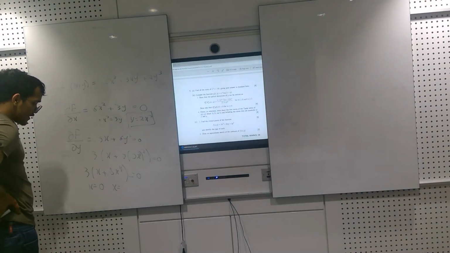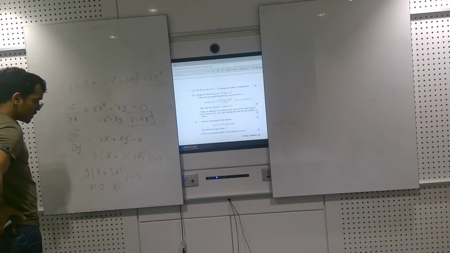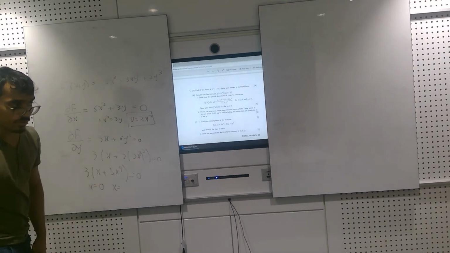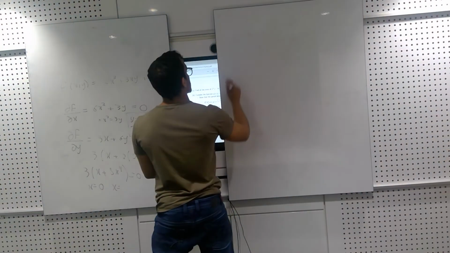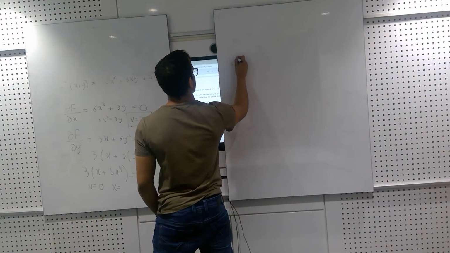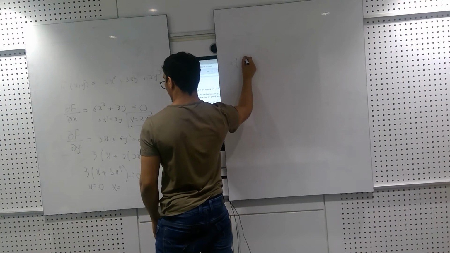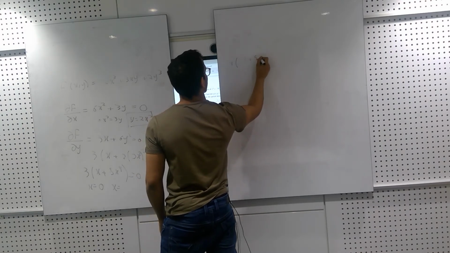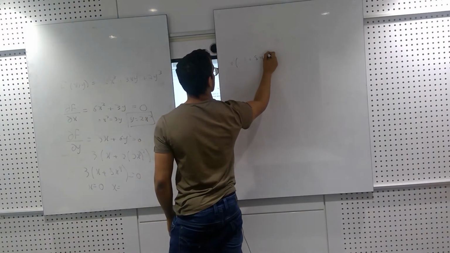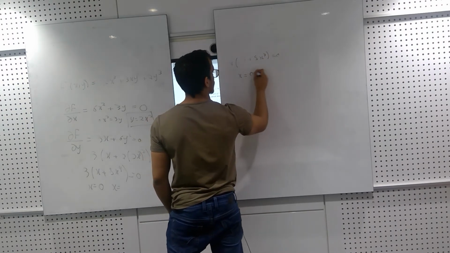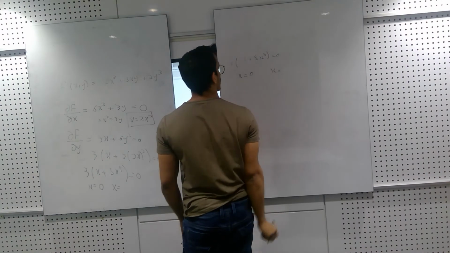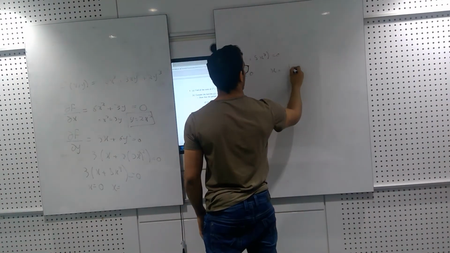So either x is equal to 0. Let's do it slowly. Take x as a common factor, and we have 1 plus 8x cubed equal to 0. And from this we say either x equal to 0, or x equal to -1/2.